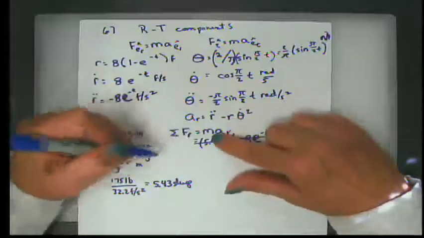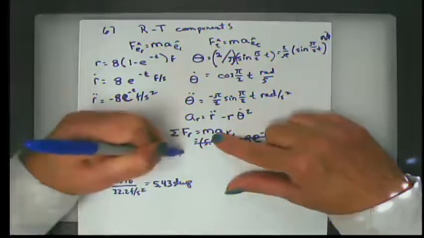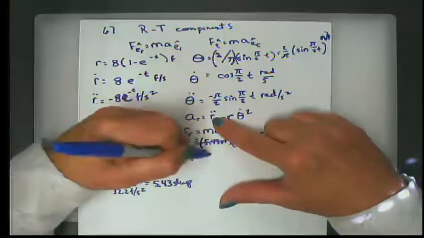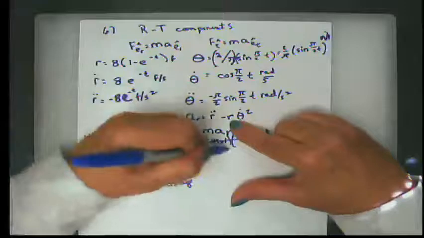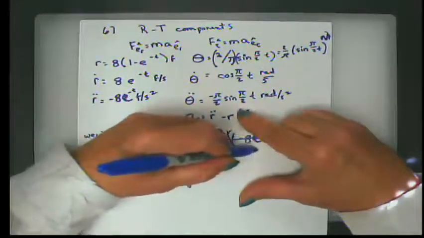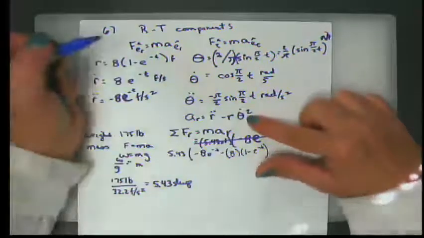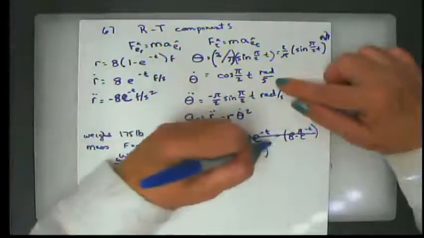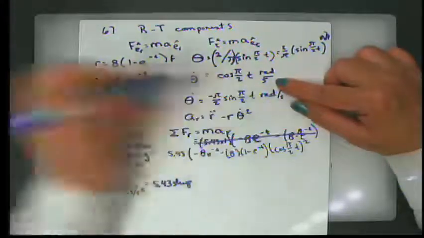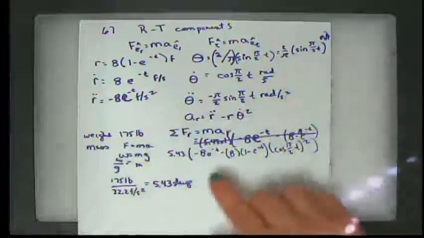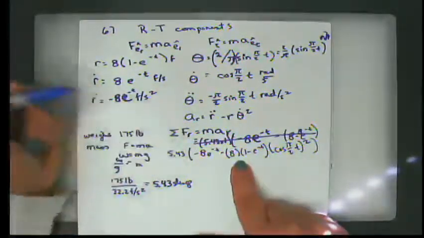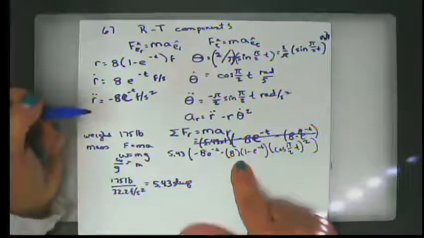So my summation of force is 5.43 times the quantity r double dot, which is minus 8 e to the minus t, minus r, which is 8 times 1 minus e to the minus t, times theta dot, cosine of this quantity, squared. All right? So then I need to work this out, and I'm at t equals 3 seconds, I think it says.